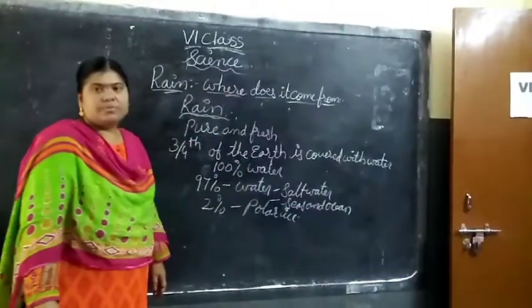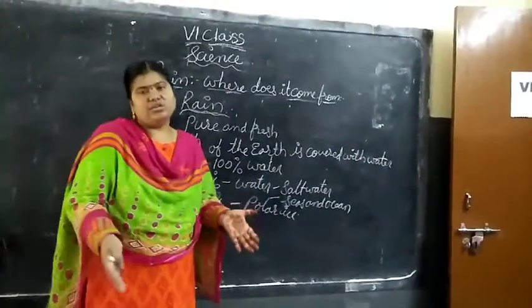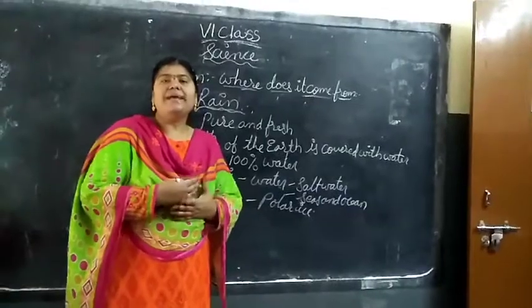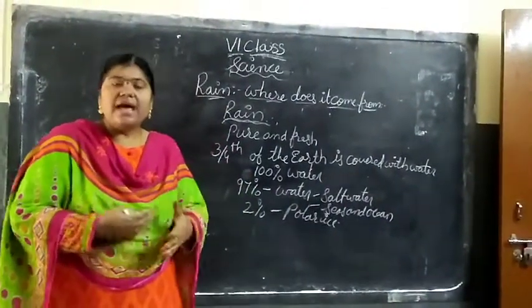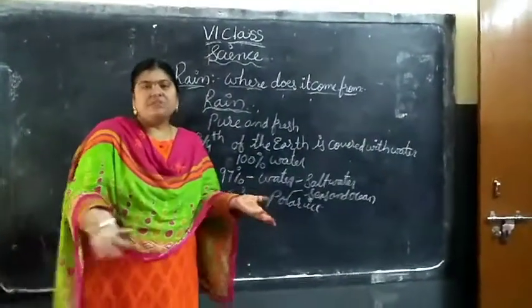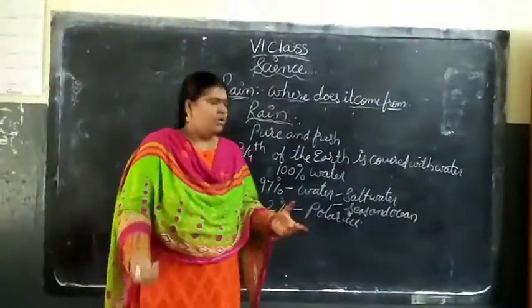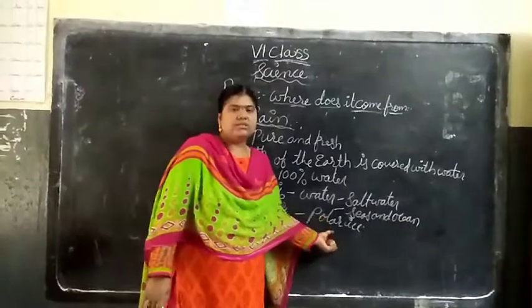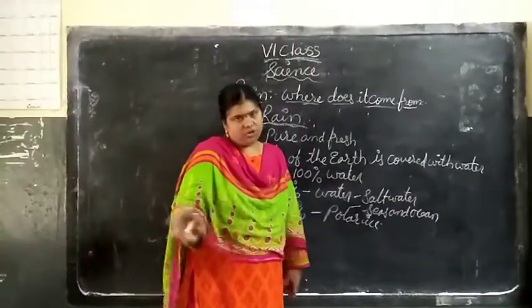In the cold regions the ice will be converted into water at that particular time. When the water converts into ice, is it useful for us? No. So the 2% of the water is called polar ice, which is not useful for us.